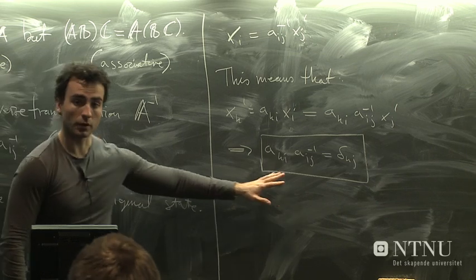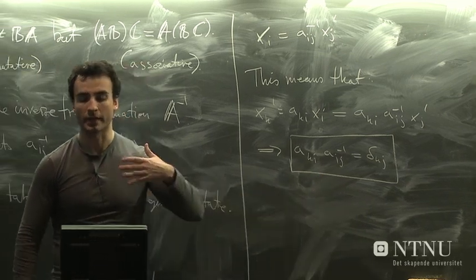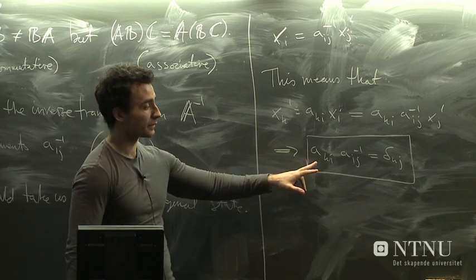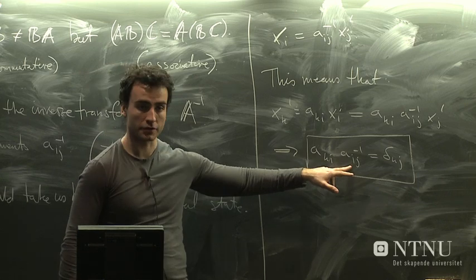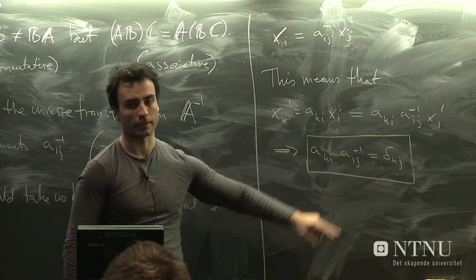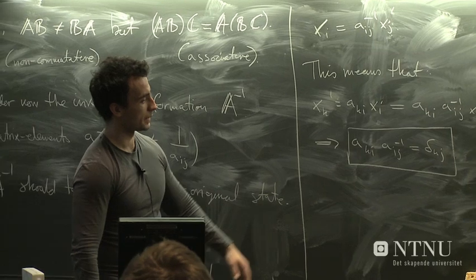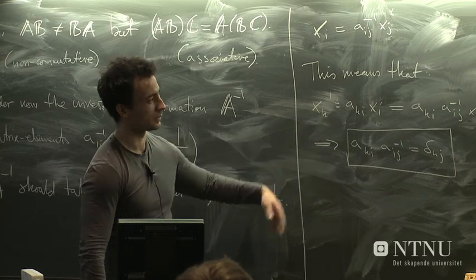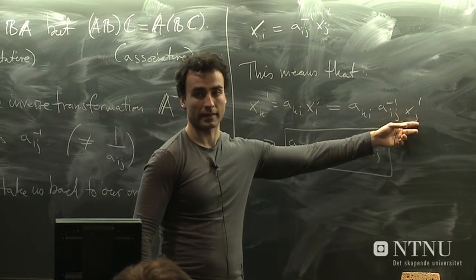I obtain the following relation between the transformation matrix elements Aki and the inverse transformation matrix elements Aij -1. Because what I should end up with is the same thing. I should have xk prime equal to xk prime over here.